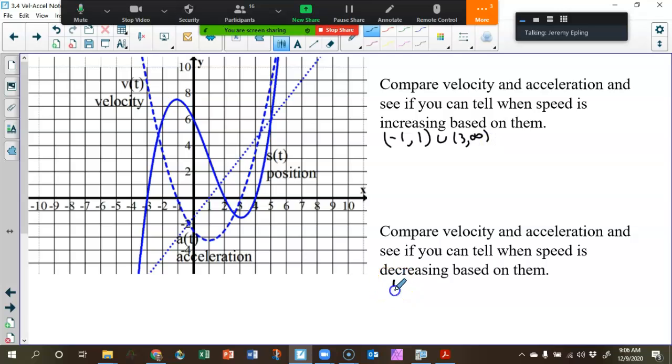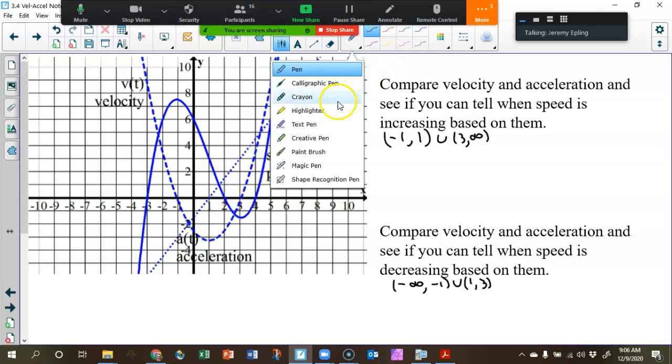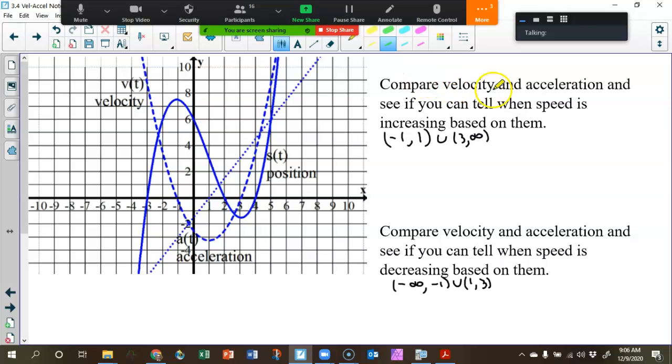And we know speed is decreasing from -infinity to -1 and from 1 to 3. So we're going to highlight our velocity and acceleration graph when speed is increasing. So from -1 all the way out to 1 and from 3 to infinity.